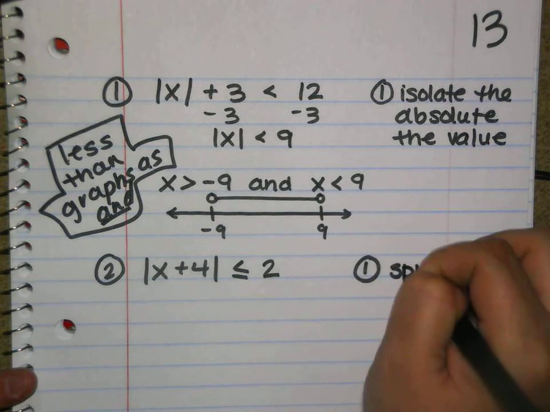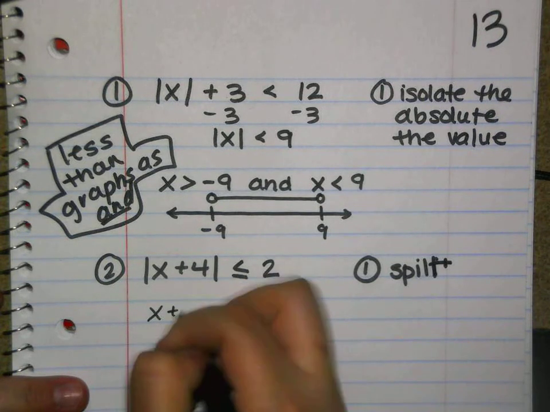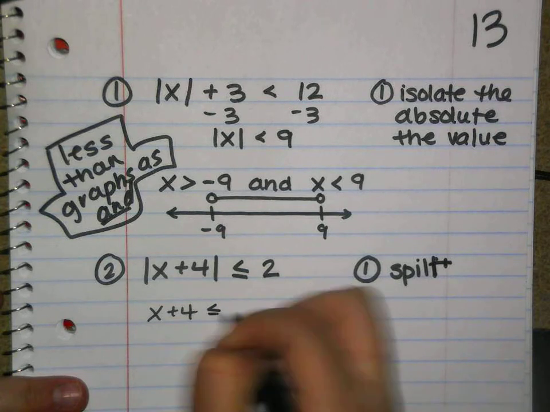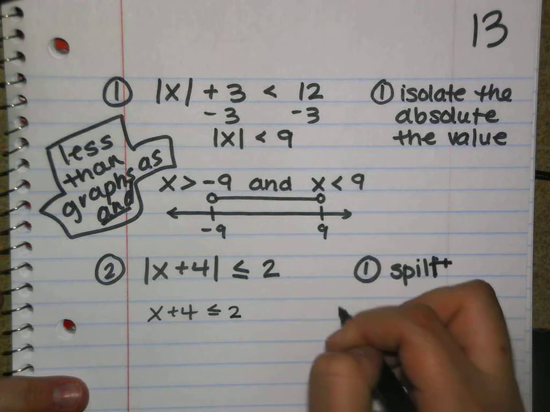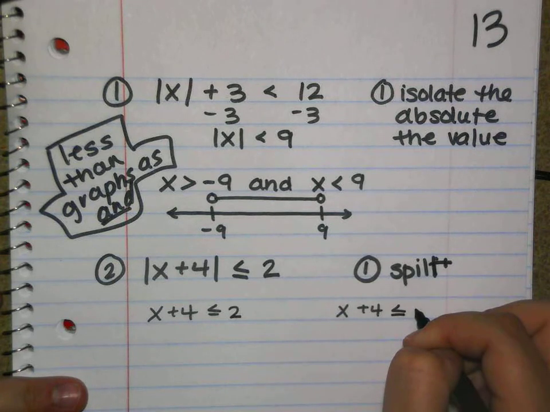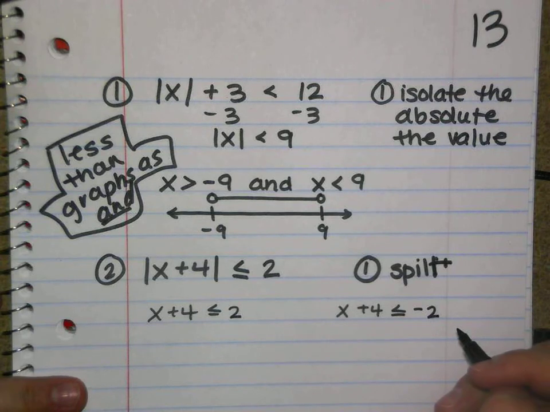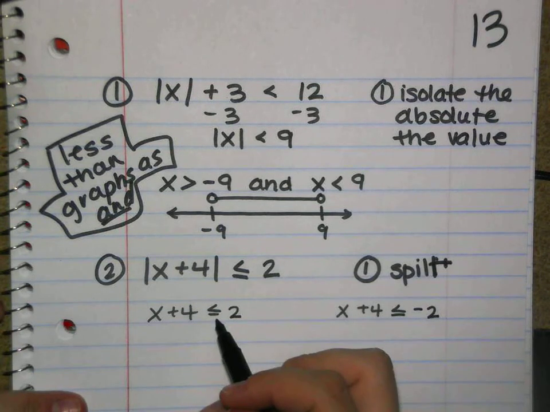You're going to split it into 2 cases. We're going to get x plus 4, which is less than or equal to 2. And the second case will be x plus 4, which is greater than or equal to negative 2.